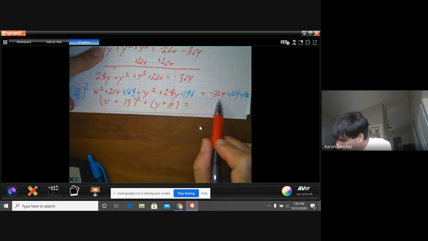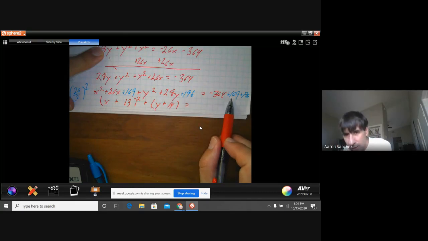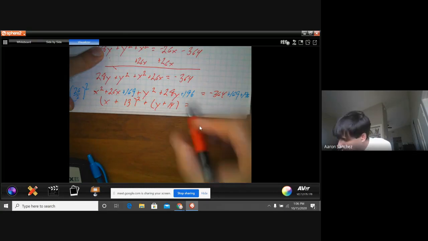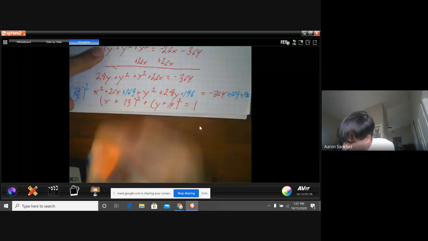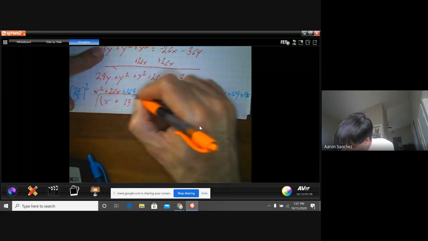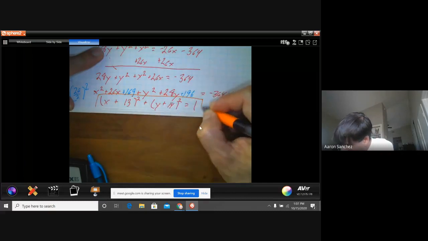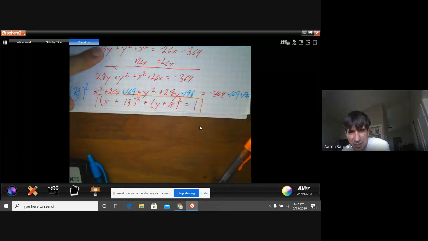Now we add all of these up. Negative 364 plus 169 plus 196, put my square here, is equal to 1. And then now we can graph the circle. That's all you got to do.